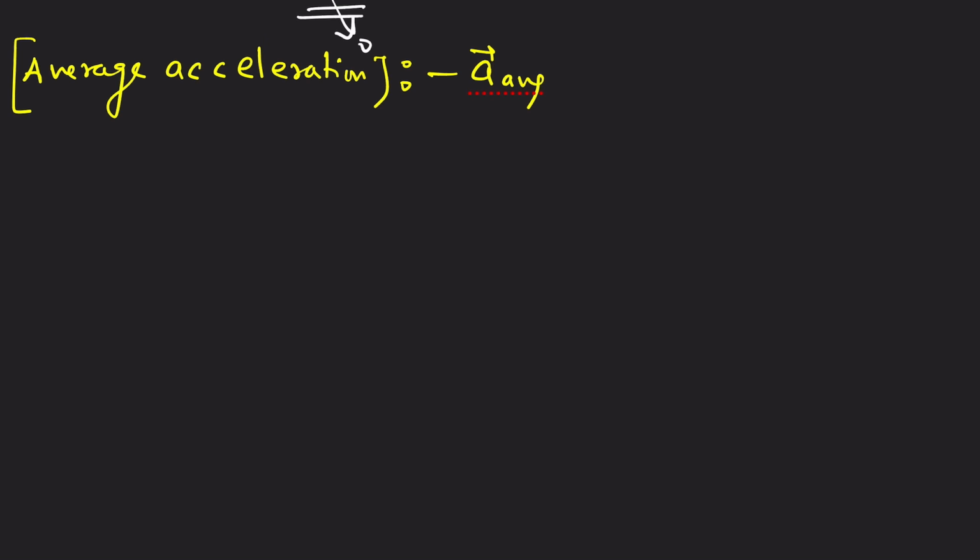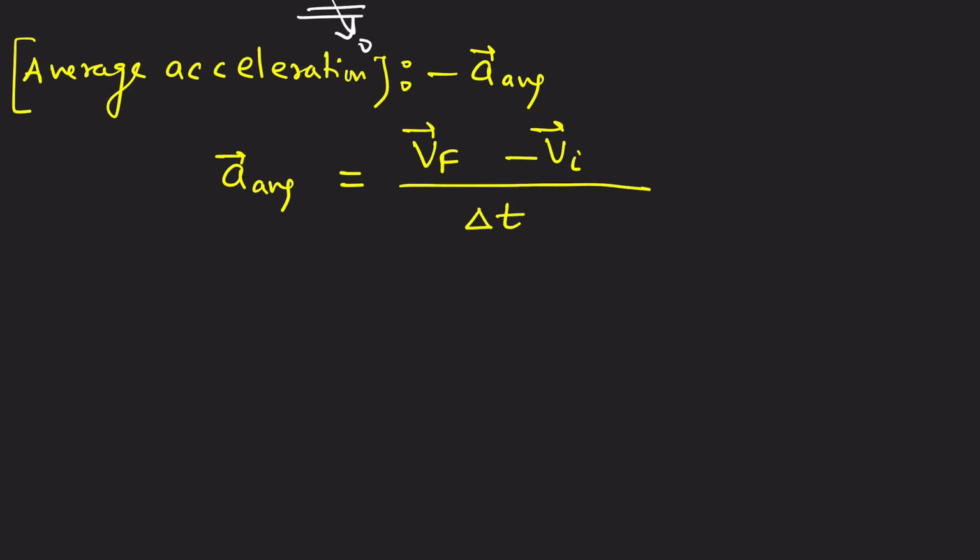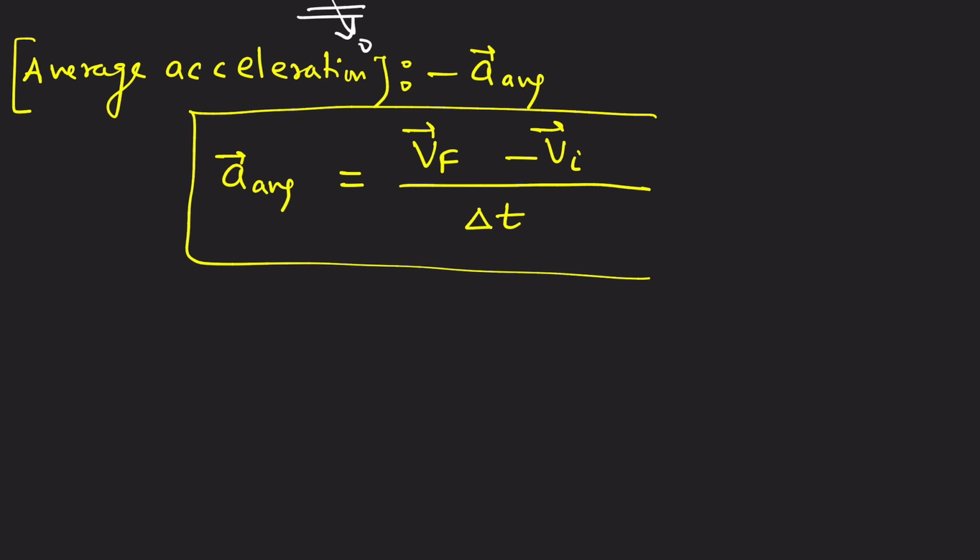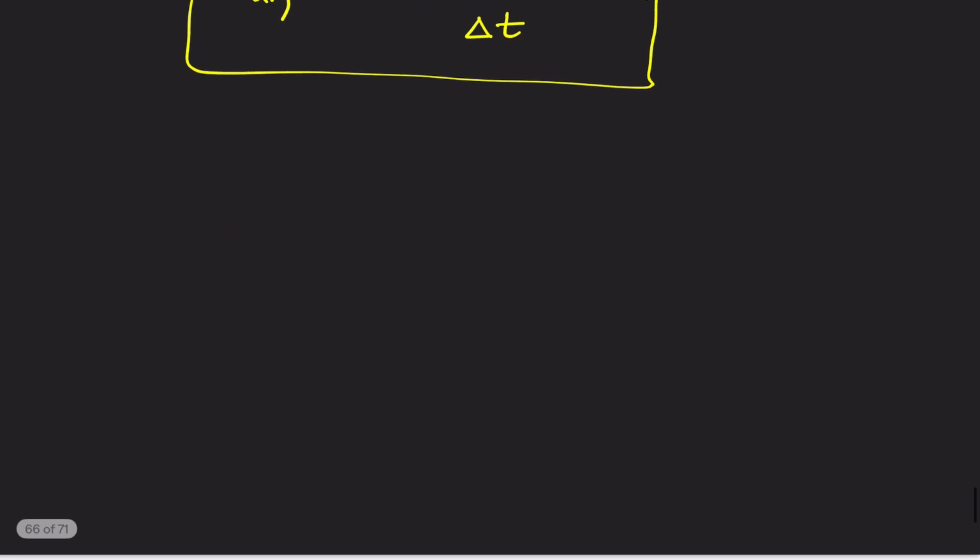How have we defined this in kinematics? It is like this way: a average is equal to the final velocity vector minus the initial velocity vector, divided by the time taken for this change. This is known as your average acceleration. Now let me do this analysis in the case of circular motion.